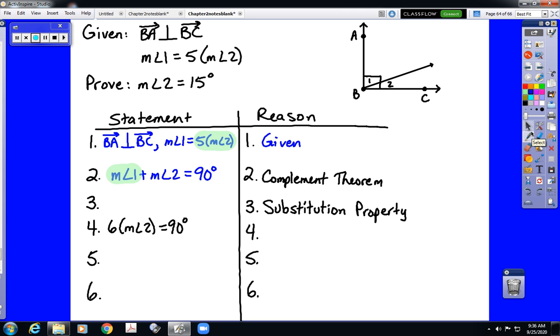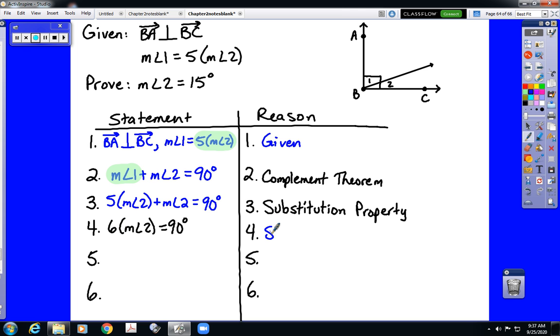The reason we do that, which would be 5 times the measure of angle 2 plus the measure of angle 2 equals 90, is that now this equation is basically a one variable equation, and we can solve it using our algebra skills. So between step 3 and step 4, you have to think of the measure of angle 2 as being a variable. If that said 5x plus x, everyone in the geometry class could tell me that the next step would involve combining like terms. 5 times the measure of angle 2 plus 1 times the measure of angle 2 is 6 times the measure of angle 2.